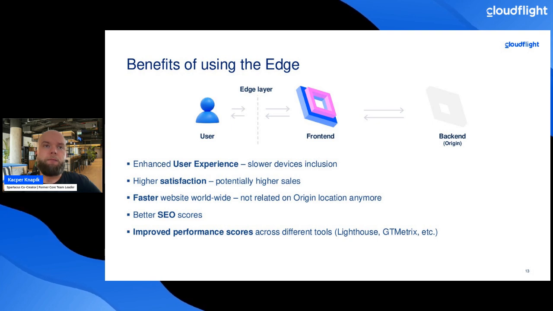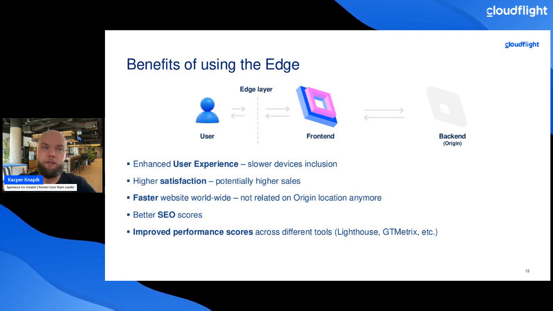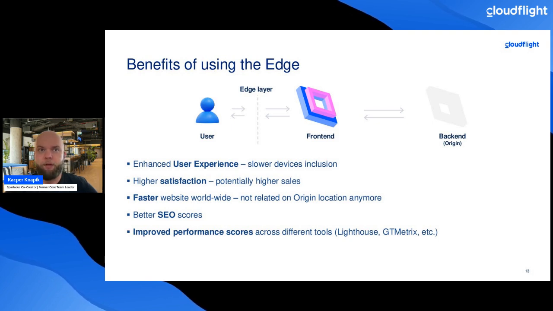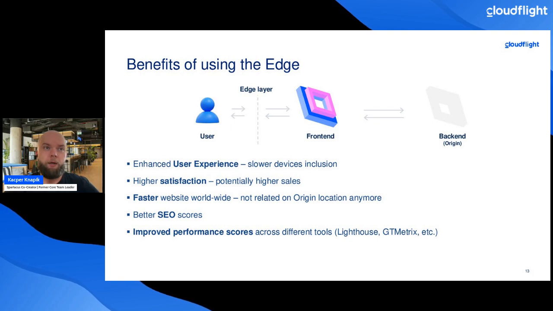And lastly, probably equally important as the user experience, but ultimately this is the ultimate goal, and that's why we have this webinar. Performance score goes up, and everything else is basically a byproduct. So the SEO, user experience, all of that, but the goal is the performance.